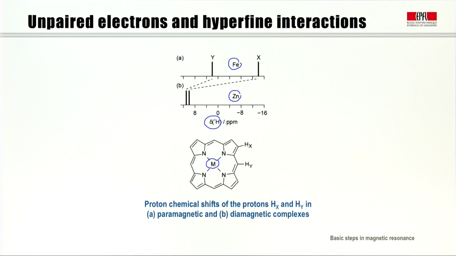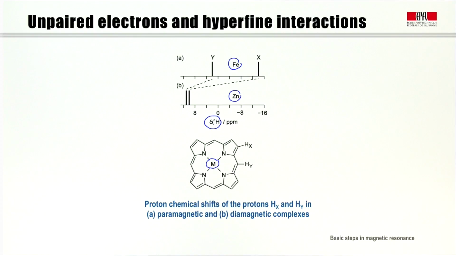Now this is due to the coupling between the free electrons and the protons, a long-range coupling, which in fact is known as hyperfine coupling, and which leads to a shift because the distribution of the polarization between alpha and beta states for an electron is not 50-50, but it's displaced towards the lowest energy state following the Boltzmann rule.